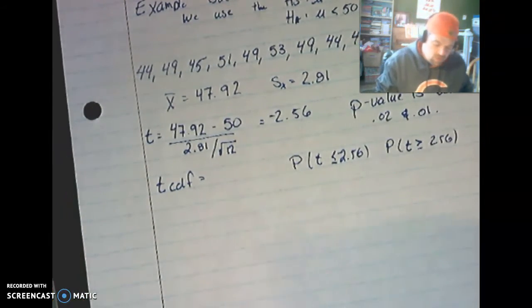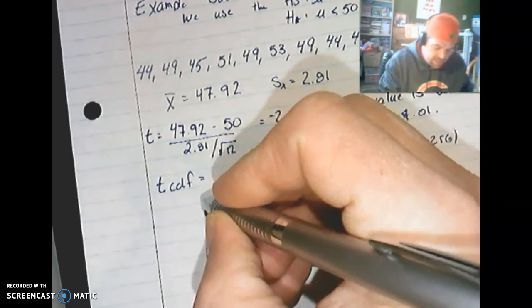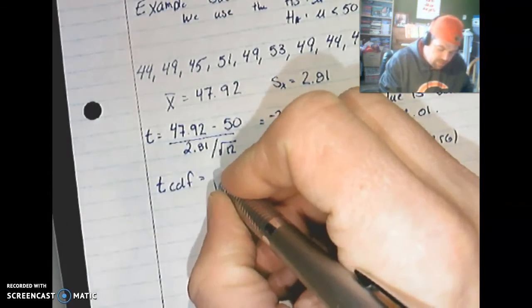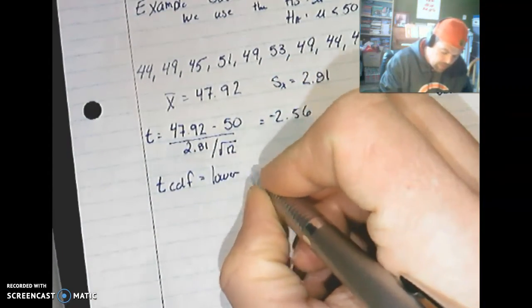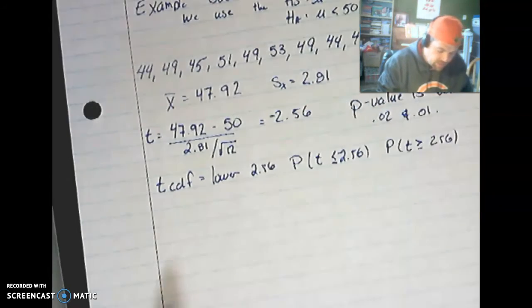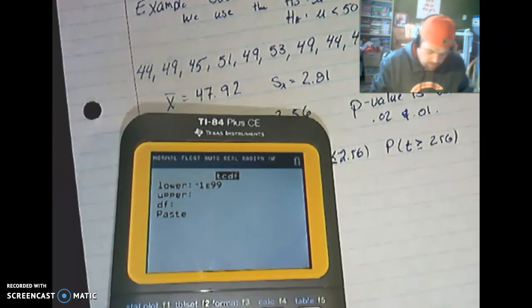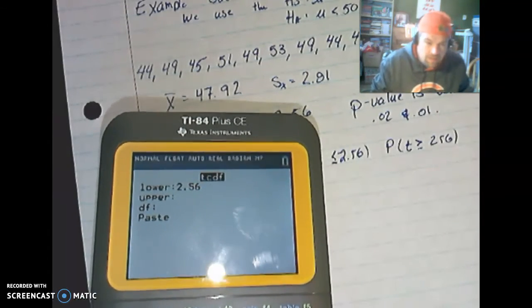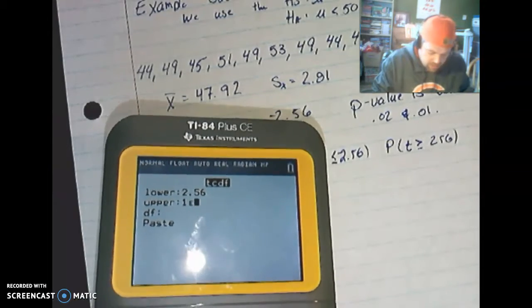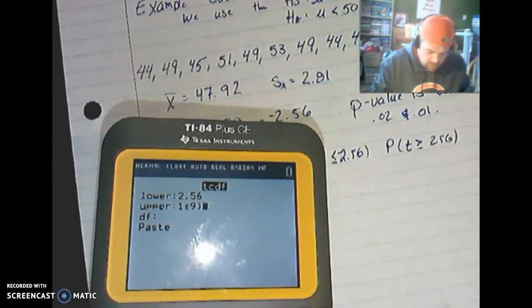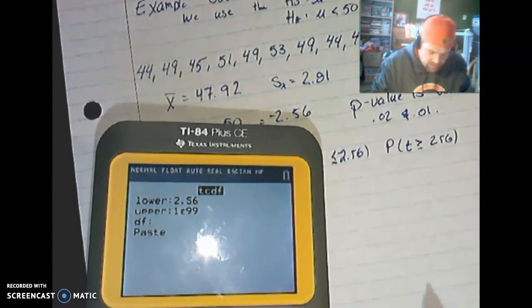When I do my tcdf, I set my lower to be 2.56, and my upper is going to be one really big number. That's what we did for that.